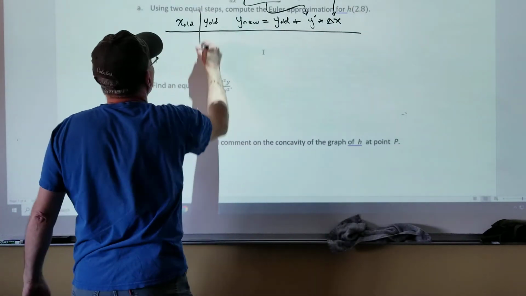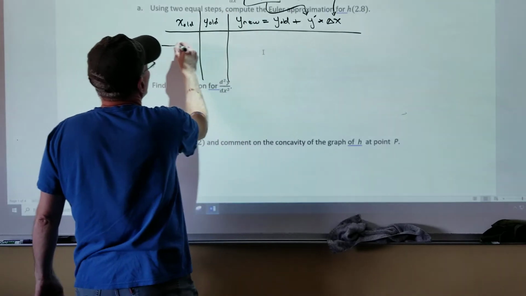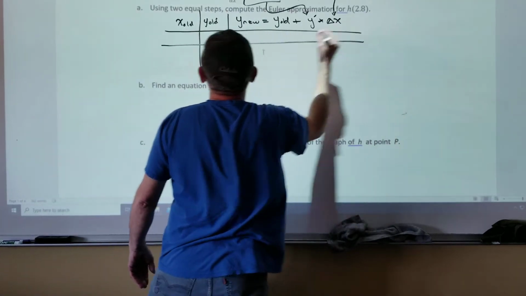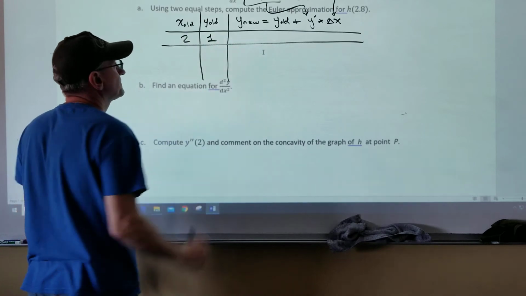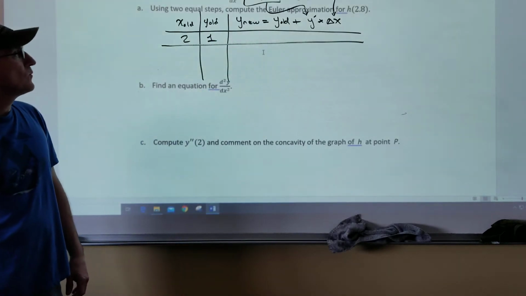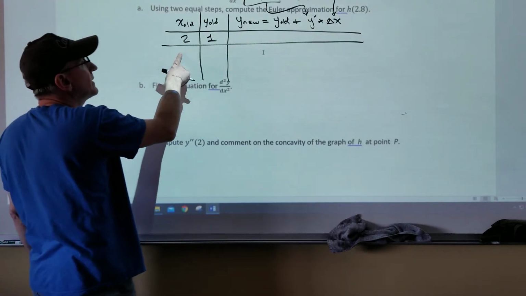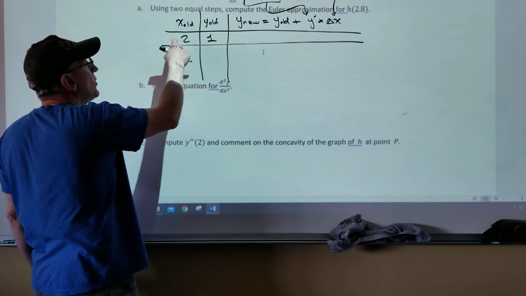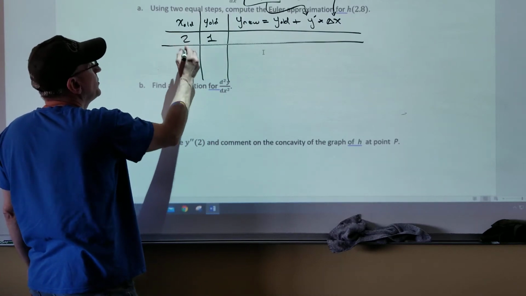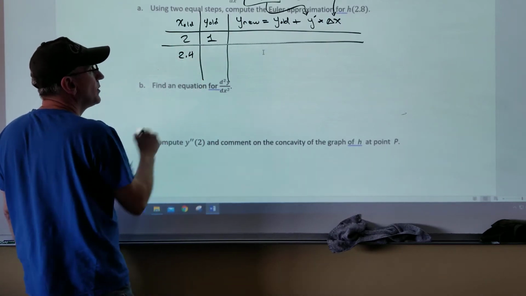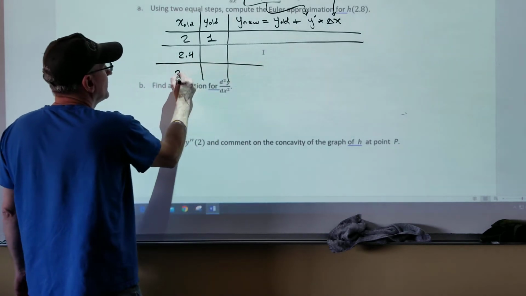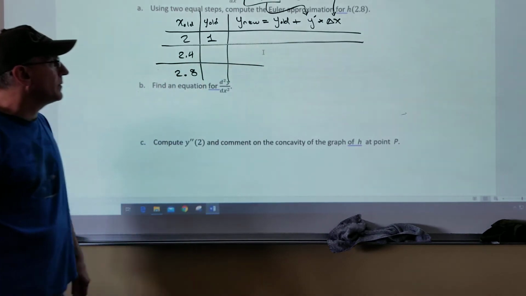You start this table off with 2 and 1. We'll go ahead and compute all of our x's right now. All we have to do is add 0.4, add the step. 2 plus 0.4 is 2.4. 2.4 plus 0.4 is 2.8. That gets us to where we want to be.